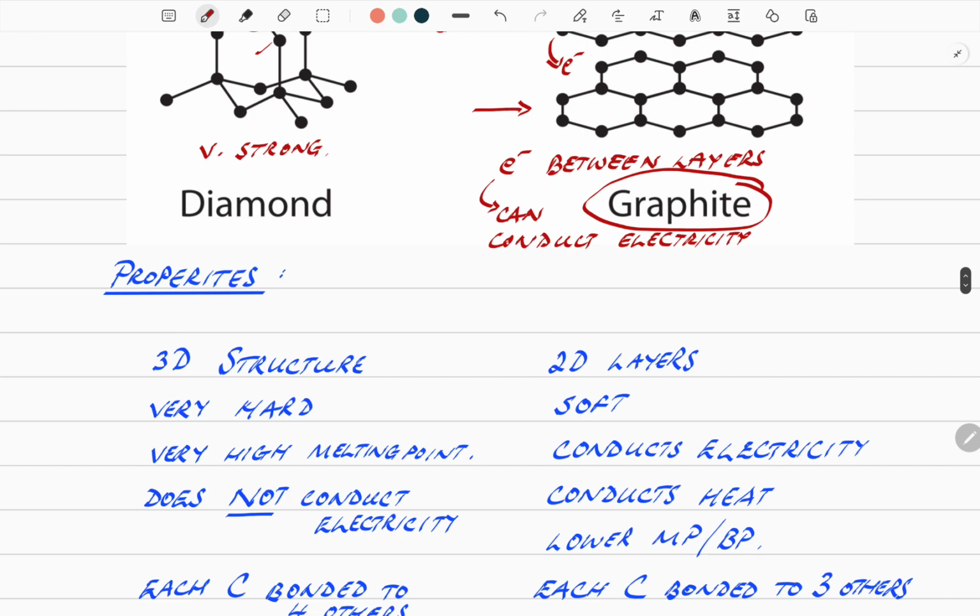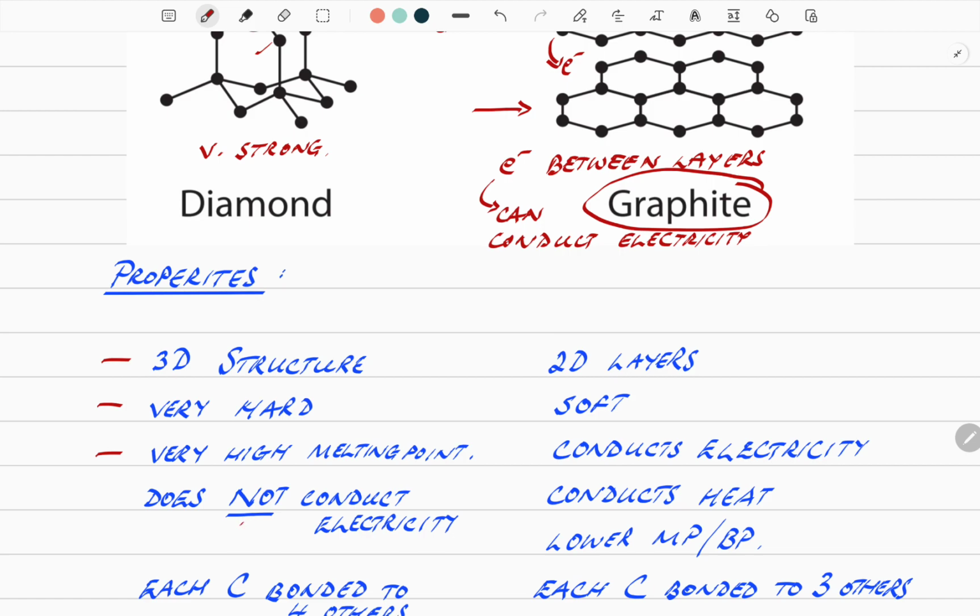With diamond, you've got a 3D structure, an extremely hard material, probably the hardest material in nature, that is used for many different things like cutting glass, grinding even metal. Very high melting point, much higher than even some metals.